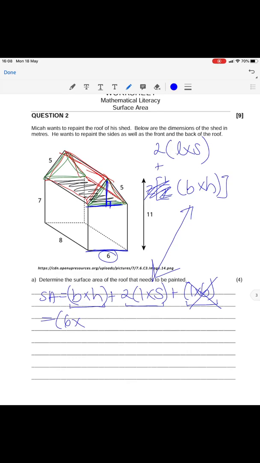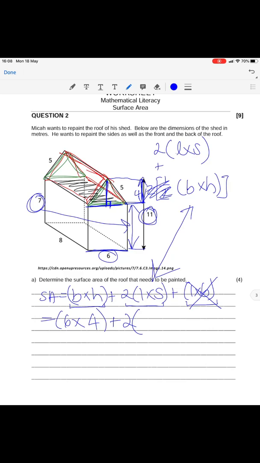You've been told that the entire height of the house from pitch to floor is 11 meters. But then you've been told that your wall is 7 meters high. So what is the height of the roof? It is the difference between 11 and 7 meters, so therefore it is 4 meters. So your height is going to be 4 meters.